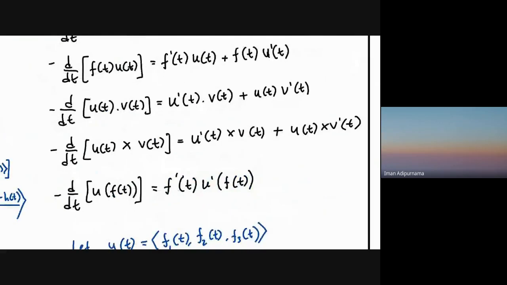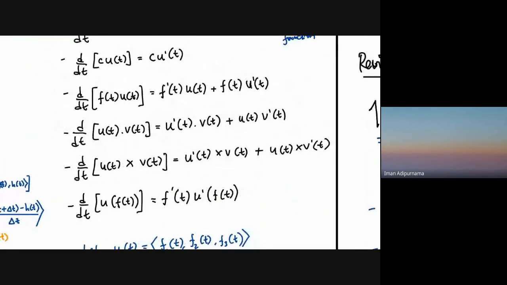So we are using the product rule inside a dot product, and that's why we have this conclusion: u dot v becomes u prime dot v plus u dot v prime.